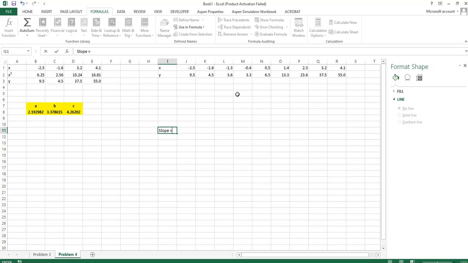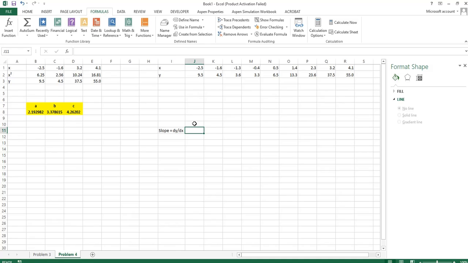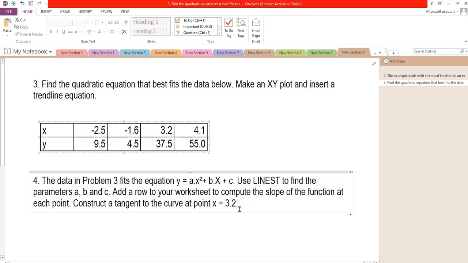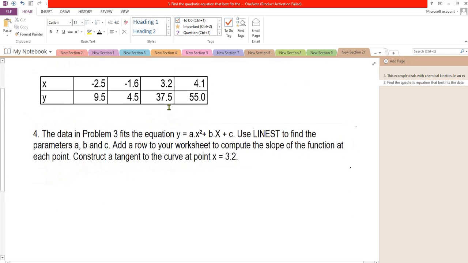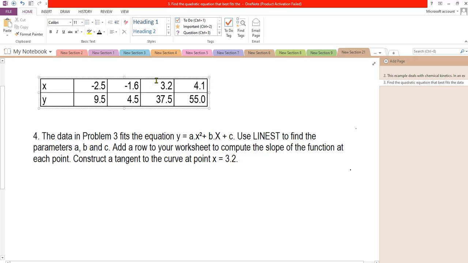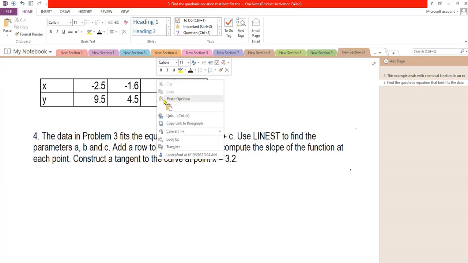So slope is equal to delta y divided by delta x. This is slope. Now let's say we have this value here. Let me select it and copy it down to this place.